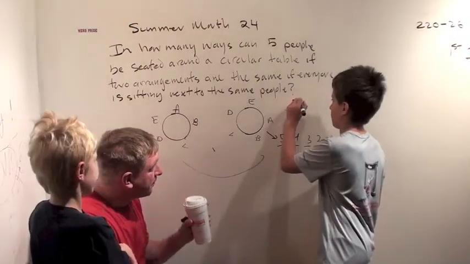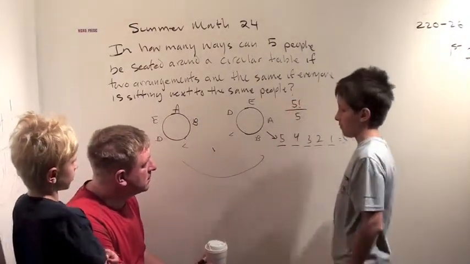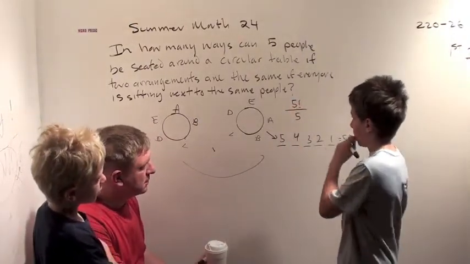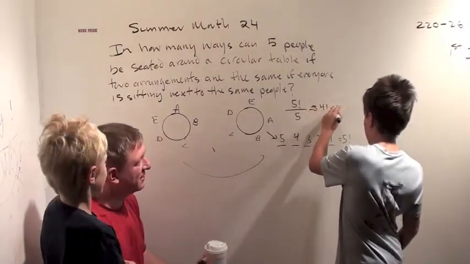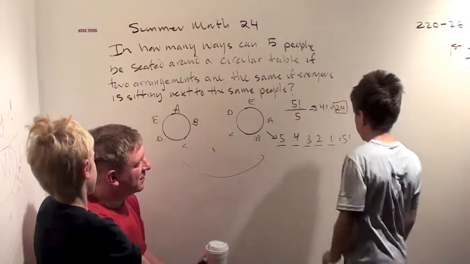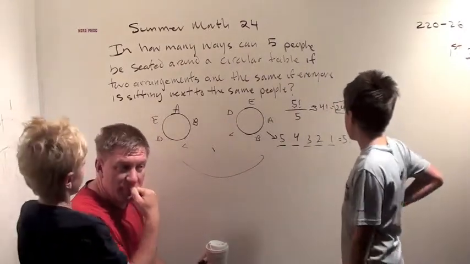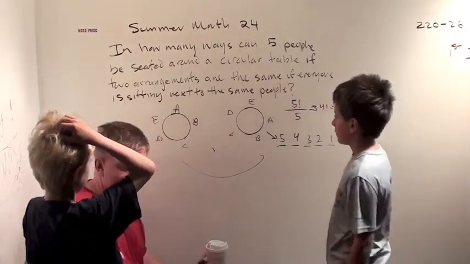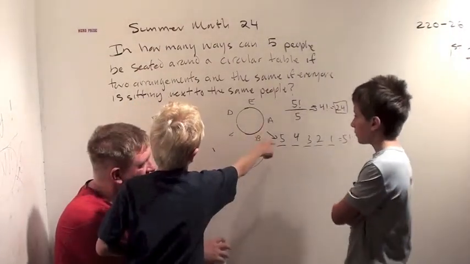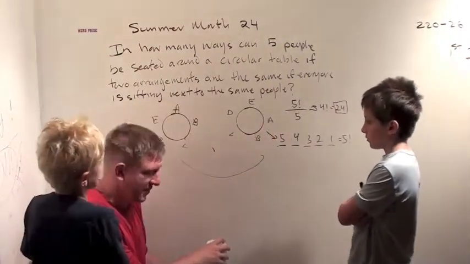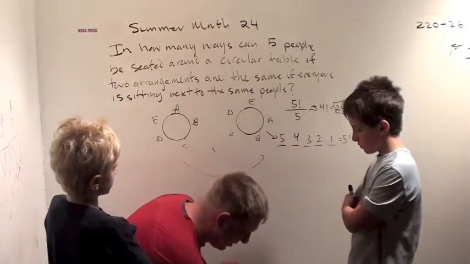So 120 divided by 5 would just equal 4 factorial. Good job, 24. Interesting, because there is a 5 in here somewhere, and dividing by 5 will just take that out. Very good.